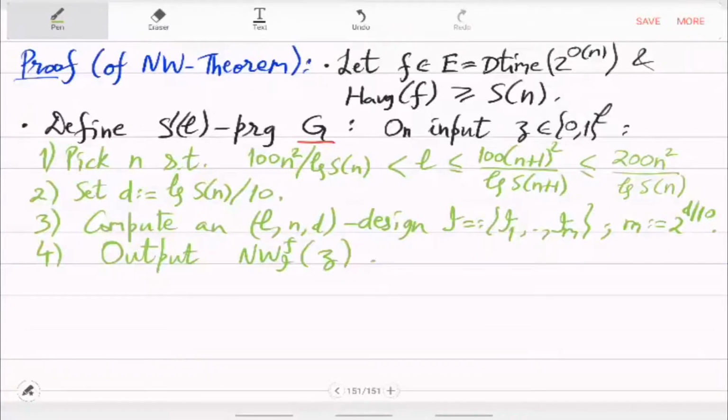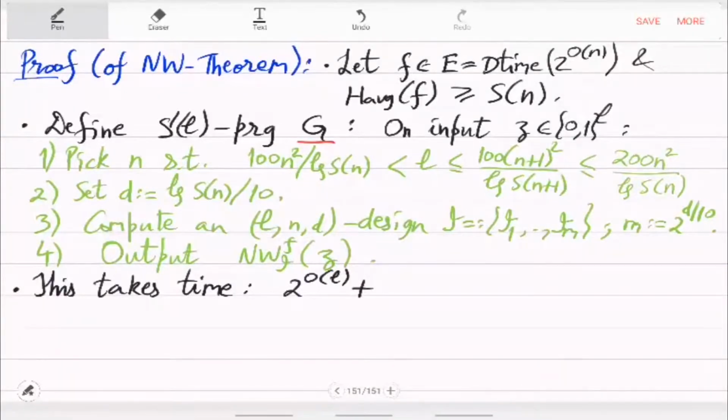and in how much time? This takes time 2 raised to L plus, basically we have already seen the design, so that is okay. It's just that you have to also look at what NW does, right?